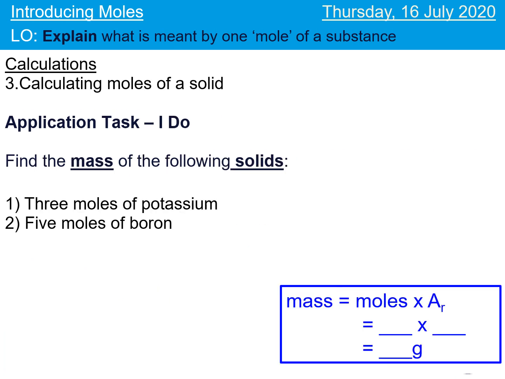Let's move on to our third type of calculation, calculating the moles of a solid. In order to do this calculation, we need to use the equation that we learned earlier, except rearranged as mass is equal to moles times MR, or AR in this case. So, we're going to find the mass of 3 moles of potassium.